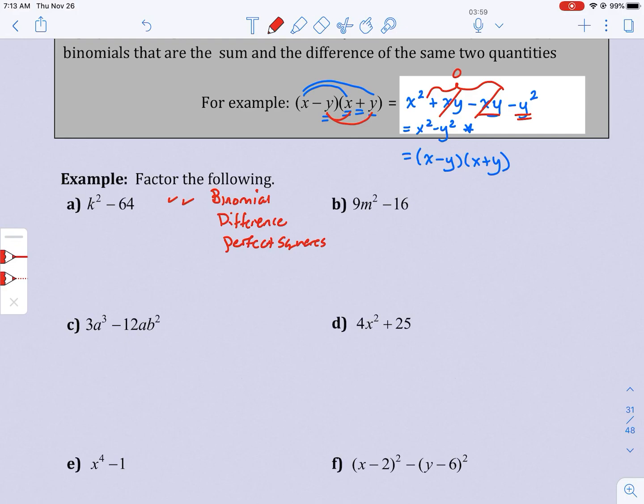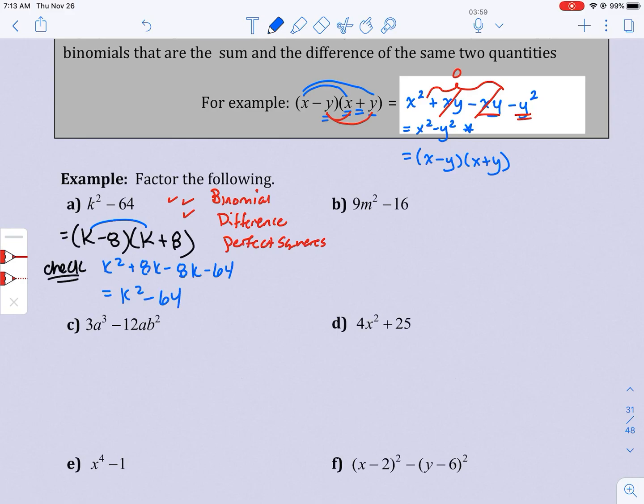Yes, it is. Are k squared and 64 both perfect squares? Yes, they are. So I'm going to write this like k minus 8, k plus 8. Okay, and if I wanted to do a check, I could expand that, and I would get k squared plus 8k minus 8k minus 64, which would be k squared minus 64.